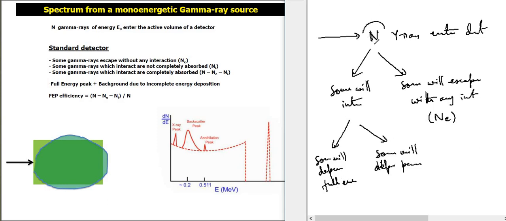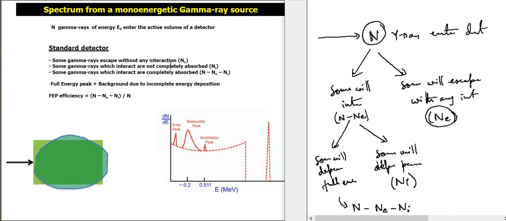So this is total N, this is NE, and the number that will interact will be N minus NE, right? Now the number which will deposit partial energy, that means which are not completely absorbed, let me call it Ni. So what is the number which will deposit full energy? It will be N minus Ne minus Ni.